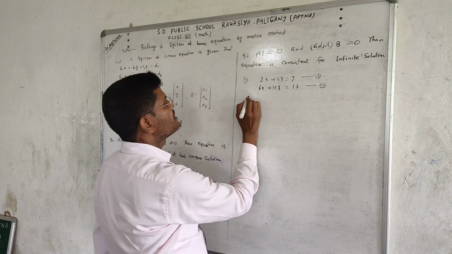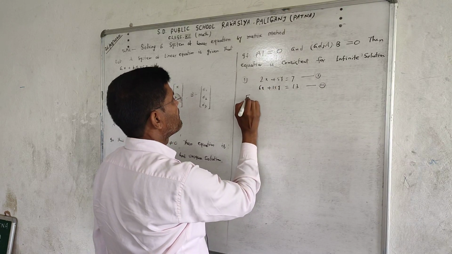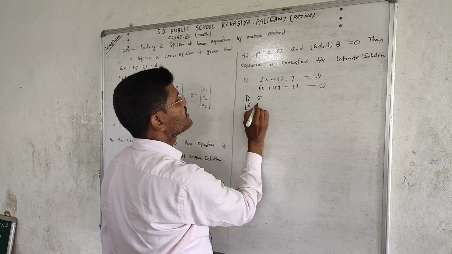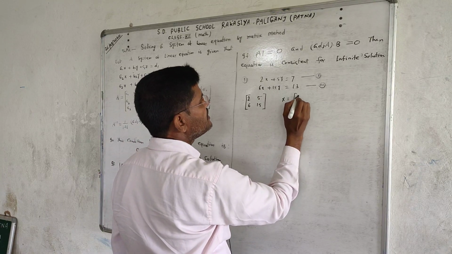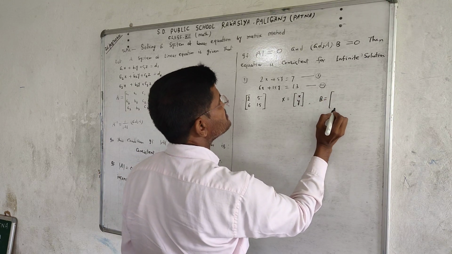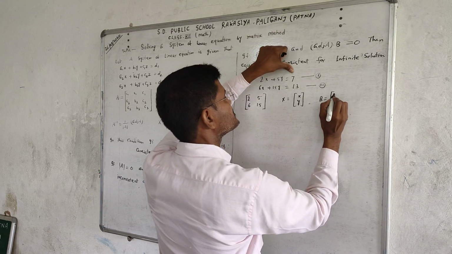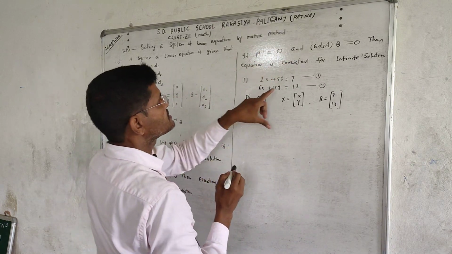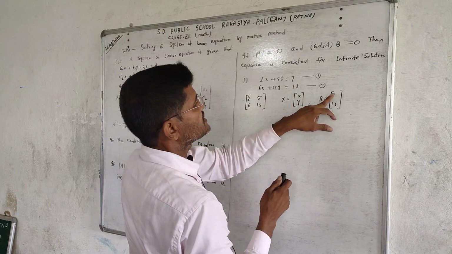First of all, we form a matrix A from the coefficients of the variables: 2 and 5, 6 and 15. Now X is equal to x and y, and a matrix B is made from the constants of the equations, 7 and 13.